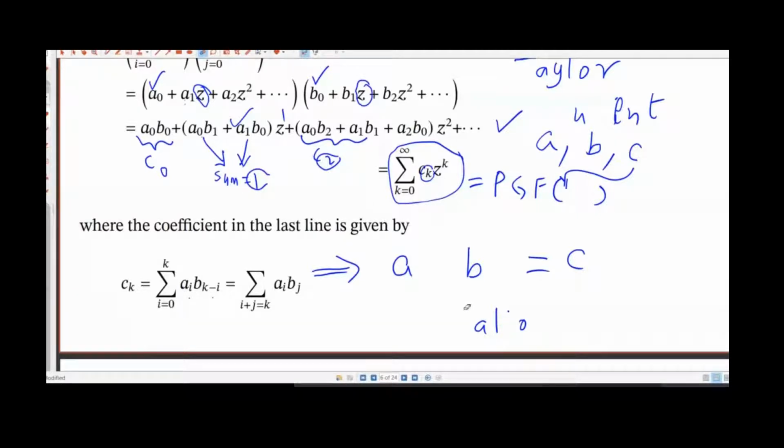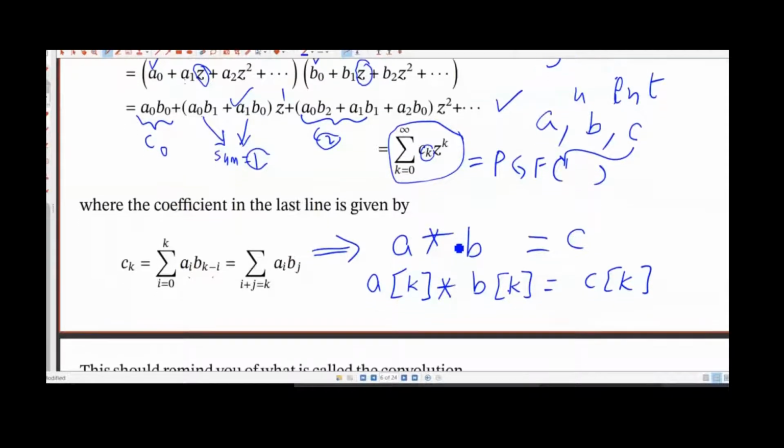If I had written a[k] like that, and b[k] like that, and c[k] like that, it would be very easy to spot this. What is this? Can you name it now?